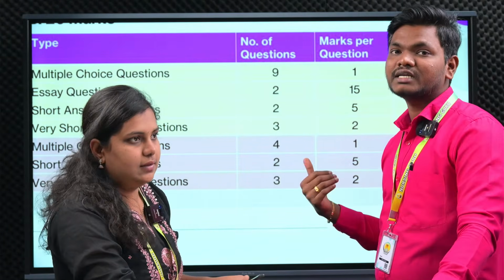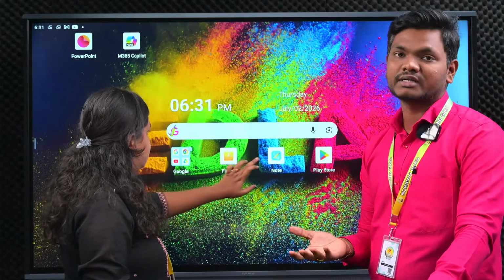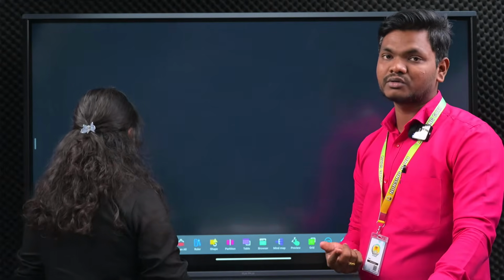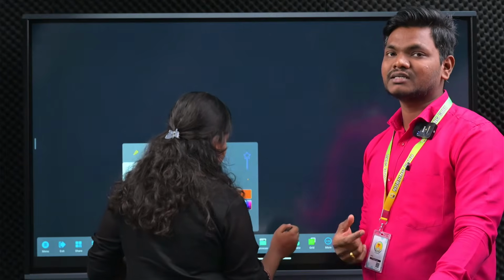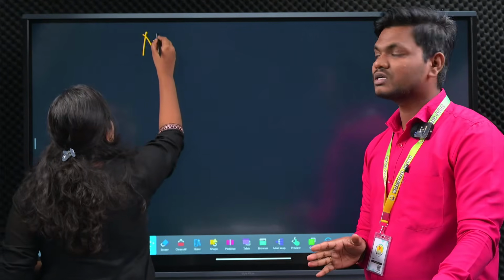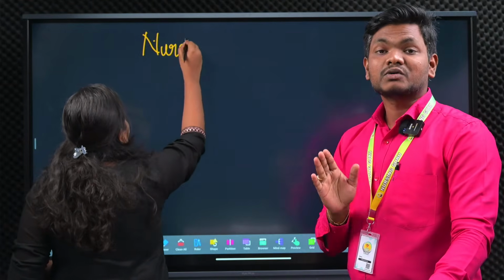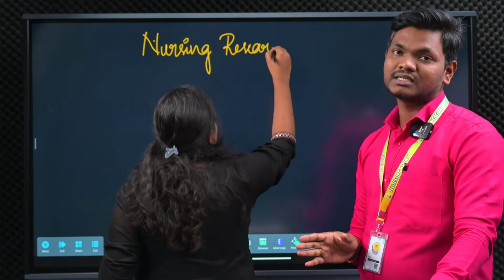Together you will have a 75-mark paper, and don't worry about the booklet, only one booklet you are going to use, and you will write both research and stat answers in the one booklet itself. The main thing you have to concentrate on is the question number. Write the question number and start answering your questions.